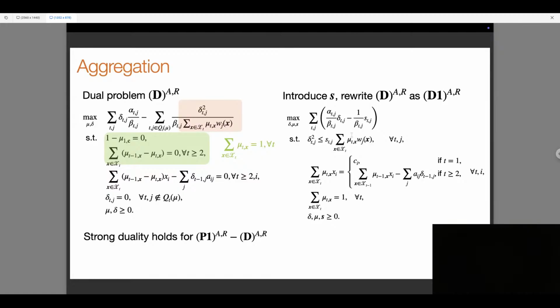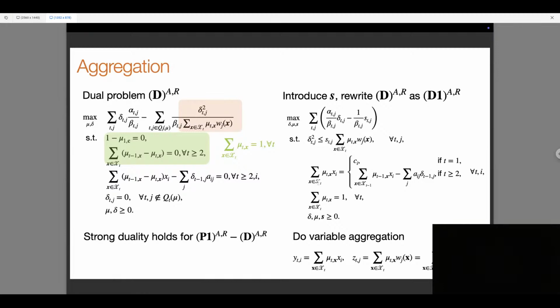There are cross terms over two decision variables, but this one can already be solved through a commercial solver. To better help the computational efficiency, we do variable aggregation.